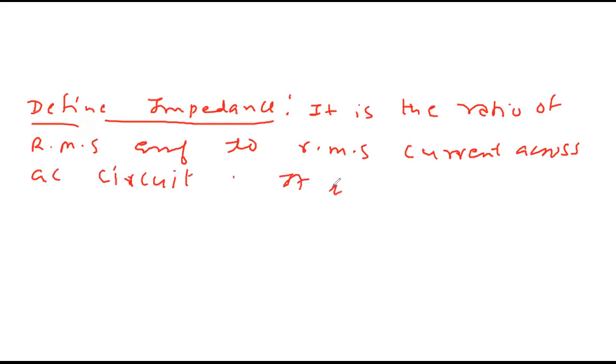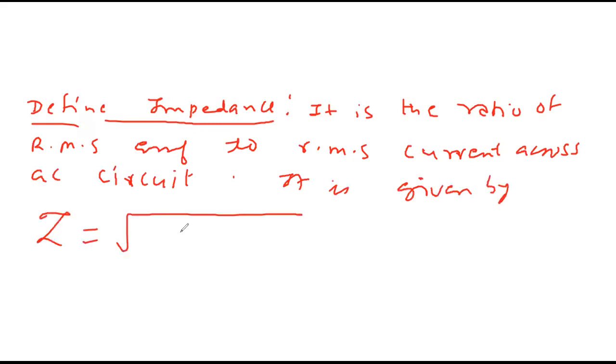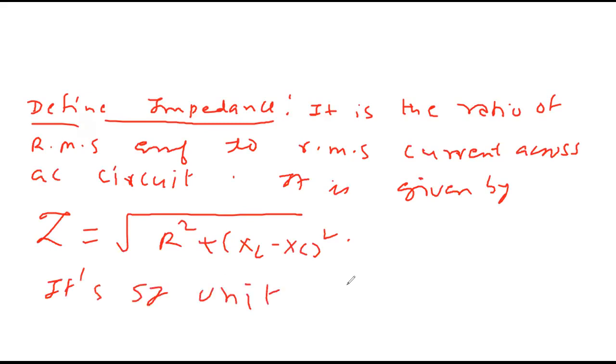It is given by Z equals root of R square plus XL minus XC square. Its SI unit is ohms. Right definition.